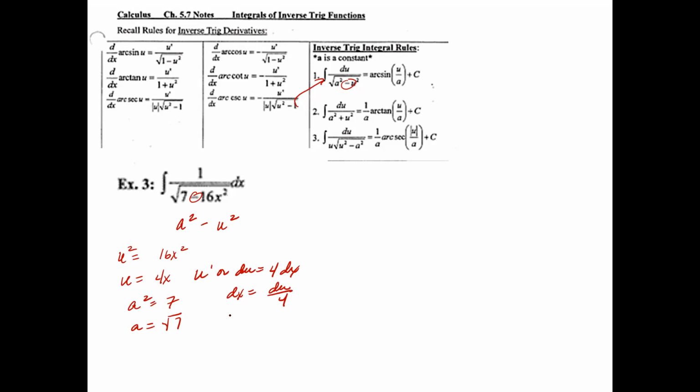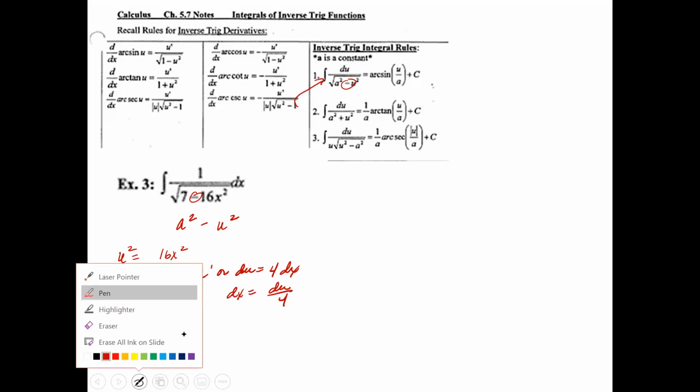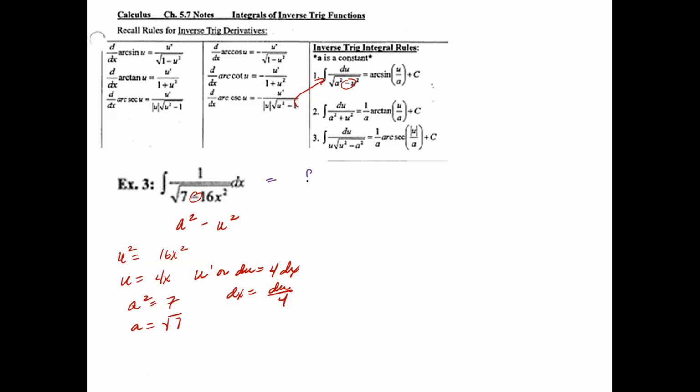So at this point, let's rewrite this equation. I have the integral of 1 over square root of a squared minus u squared.